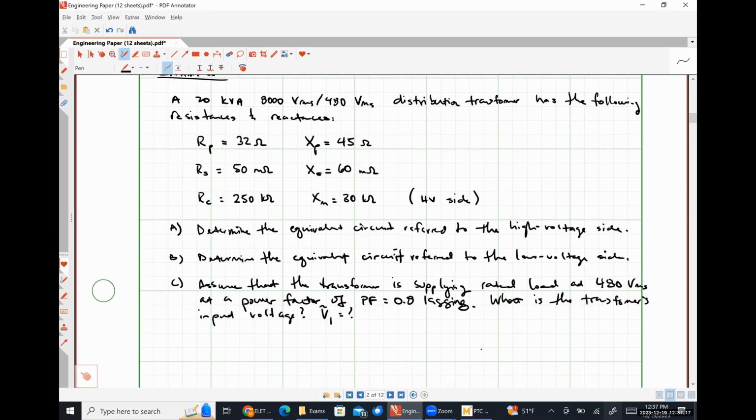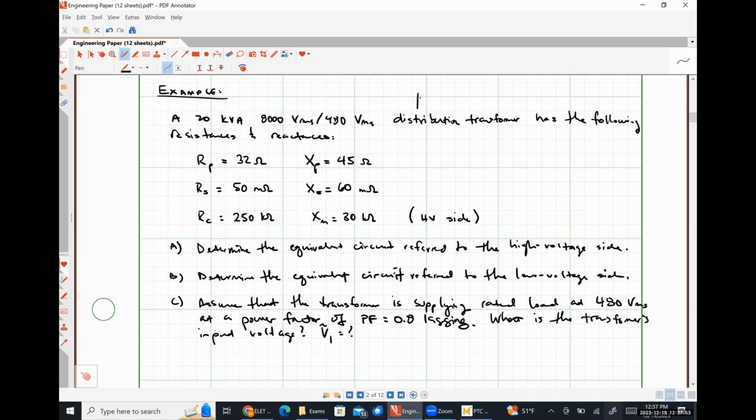All right, so the first thing that we need to figure out is, is our high voltage side the primary or the secondary of the transformer? Because we're dealing with a distribution transformer, we talked a little bit about what the signal flow looked like in an electric generation network the other day. A distribution transformer is effectively a step down transformer. So it's going to take that 8 kilovolts and step it down to 480 volts, which is a commonly used industrial voltage.